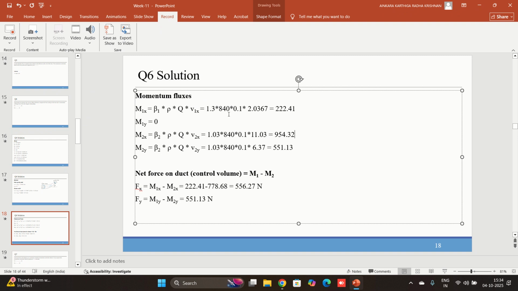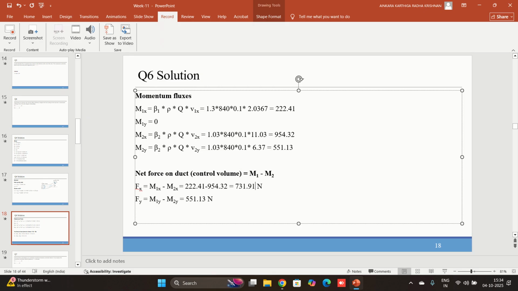So what we need to do: the net force acting on the duct in the control volume is given by the momentum flux at the inlet minus the outlet. It can be outlet minus inlet also; I'm just ignoring the sign. So m1x minus m2x is equal to 222.41 minus 954.32, which gives us 731.91.